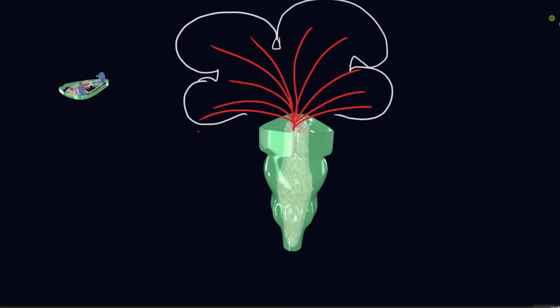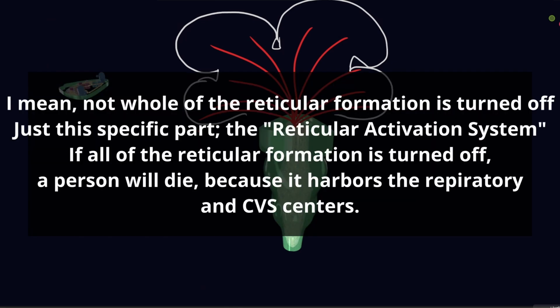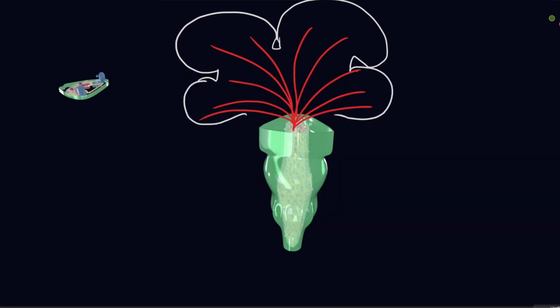So if you are sleeping, the reticular formation is turned off and you just go to sleep, because the cerebrum is the seat of consciousness. Continuous but intermittent firing keeps your cerebrum, the seat of consciousness, awake. That is one function of the reticular formation.